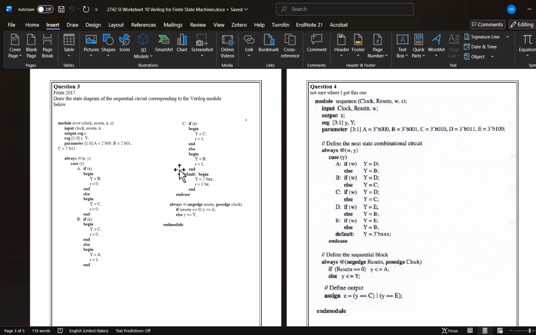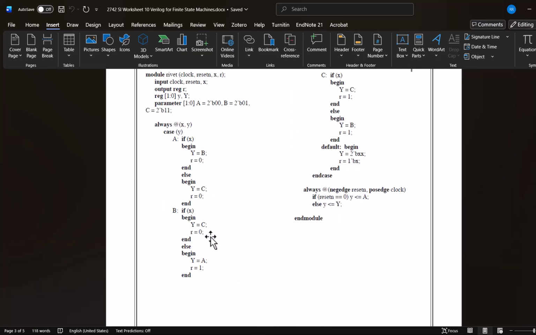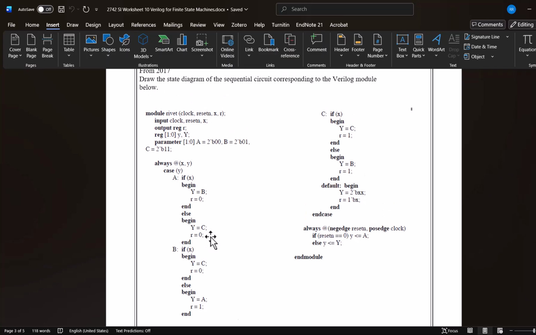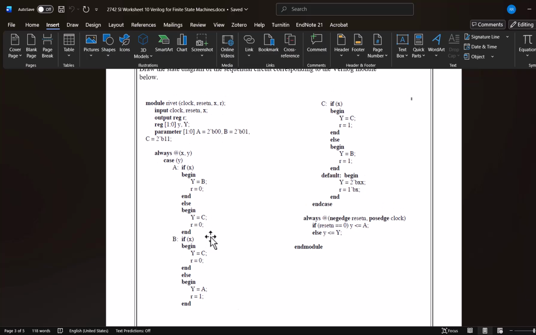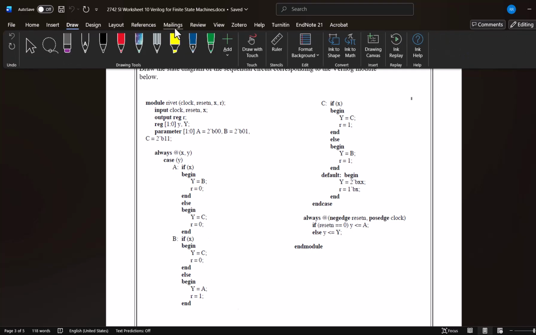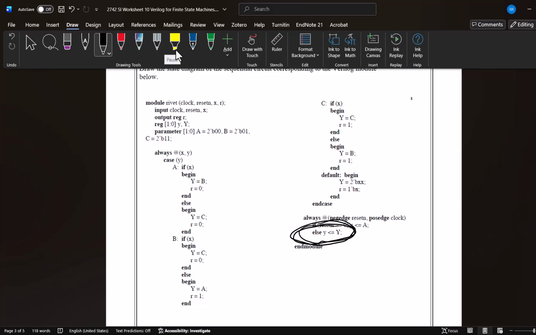I'm sorry, can I get that one more time for the positive edge of the clock? Okay. This is the key for how this works. This is the most important thing. It's the whole two always blocks thing. What actually makes the change is this line right here. That is when you actually go to the next state, because lowercase y is the current state.